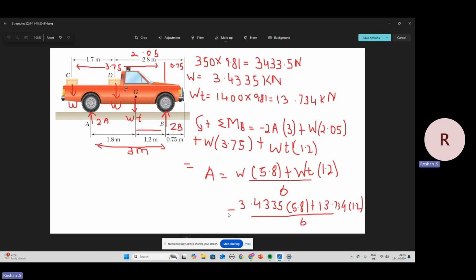If you are going to calculate this, you are going to get the value of A, which is 6.07 kilonewton. And as we have assumed, the force of 2A is upward, that is the normal force.